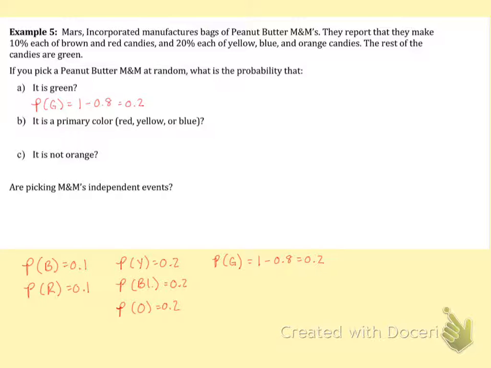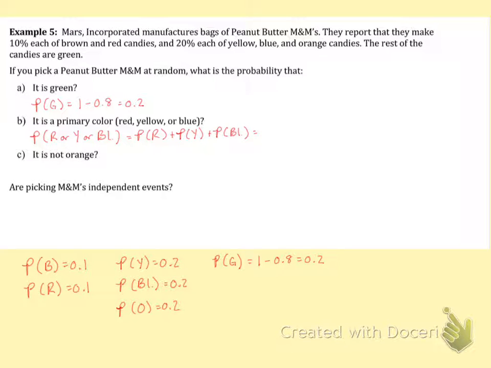Now, first note that there's no way that a candy, an M&M, is more than one color. So when we're doing the addition rule, we don't have to subtract off the intersection. So we're finding the probability that a candy is red or yellow or blue, which means we're finding the probability that a candy is red plus the probability that the candy is yellow plus the probability that the candy is blue.